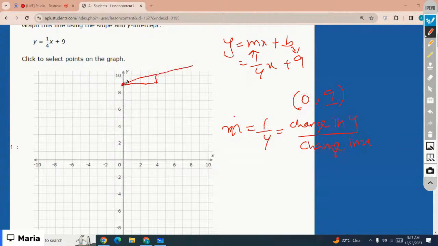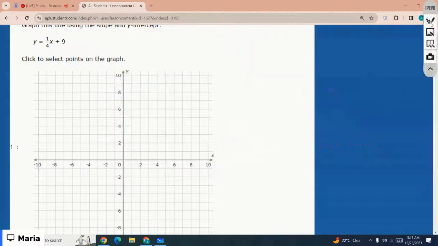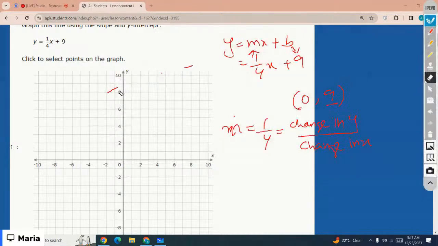You can remove the other lines. The graph looks like, okay, so that is the graph, right?